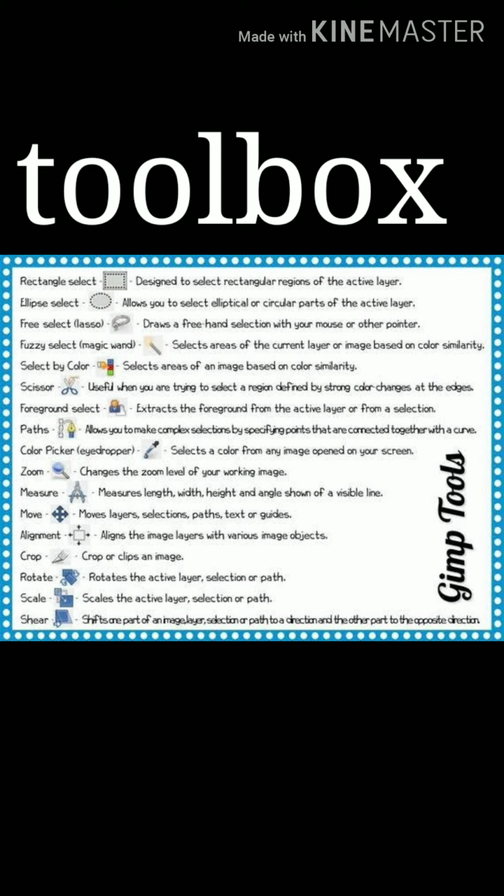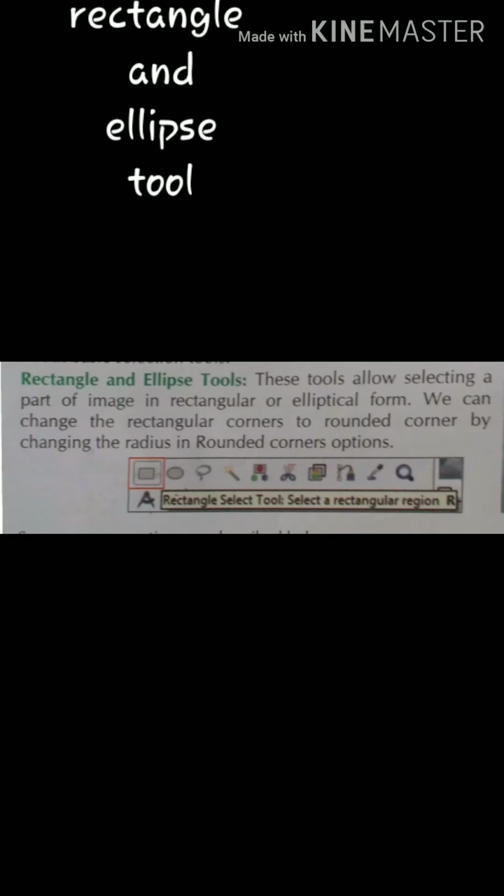If you want to select using tools and selection modes, you will use the free select tool and select tools. All these tools you will be able to use. Now the first tool is called the rectangle tool, ellipse tool. These tools allow selecting parts of an image in rectangular or elliptical form.